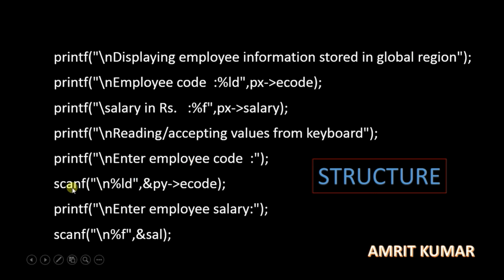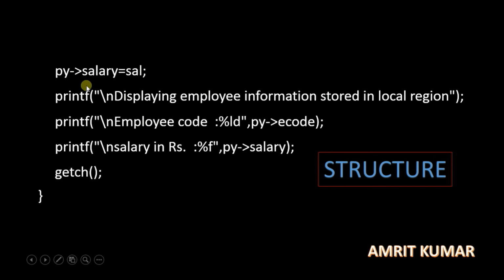Then after that I am using the scanf function for accepting a value from the keyboard. So that number is going to be accepted in the pointer py. After accepting that number, in a similar way I am accepting the salary also, with the format specifier percentage F, the float format specifier.